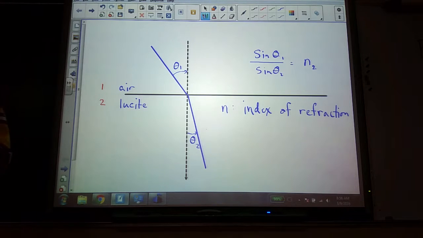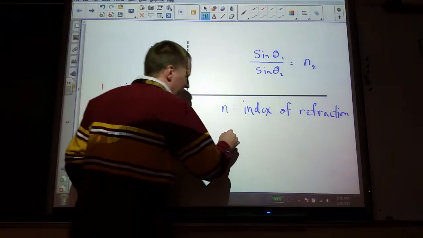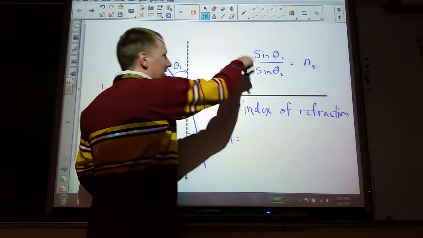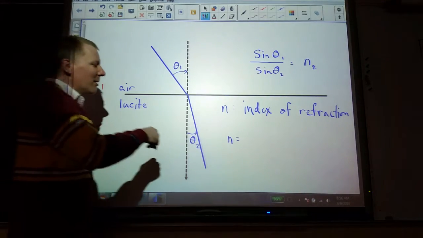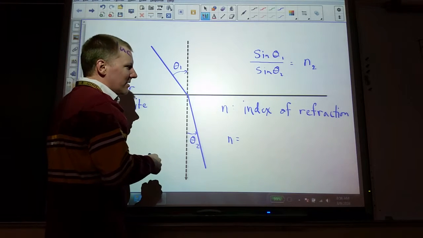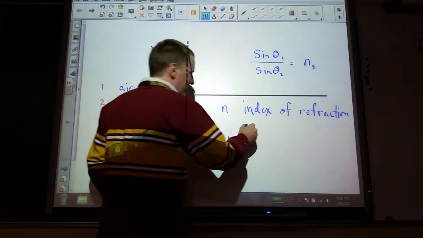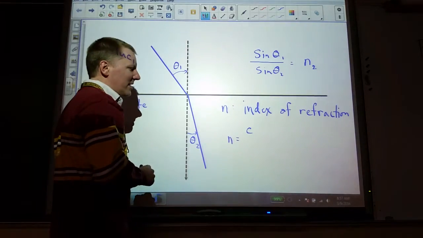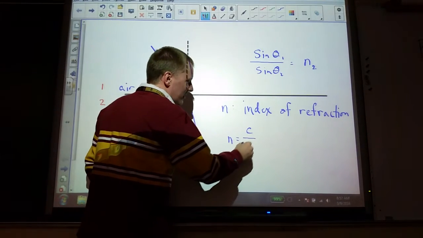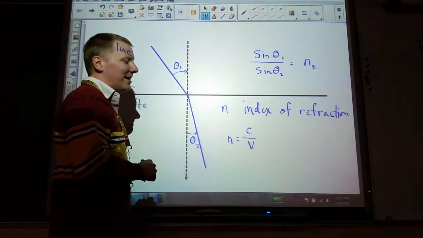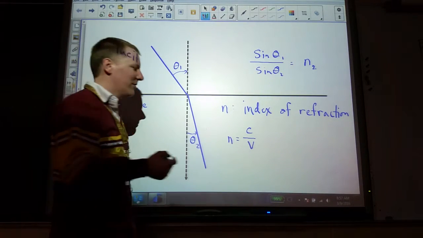But it's also a measure of the speed of light in that medium. The other way to look at this is that n is related to the angles that we'll see, but in a more basic sense, it's related to the speed of light, abbreviated c, divided by the speed of light in that substance, which we've labeled v.